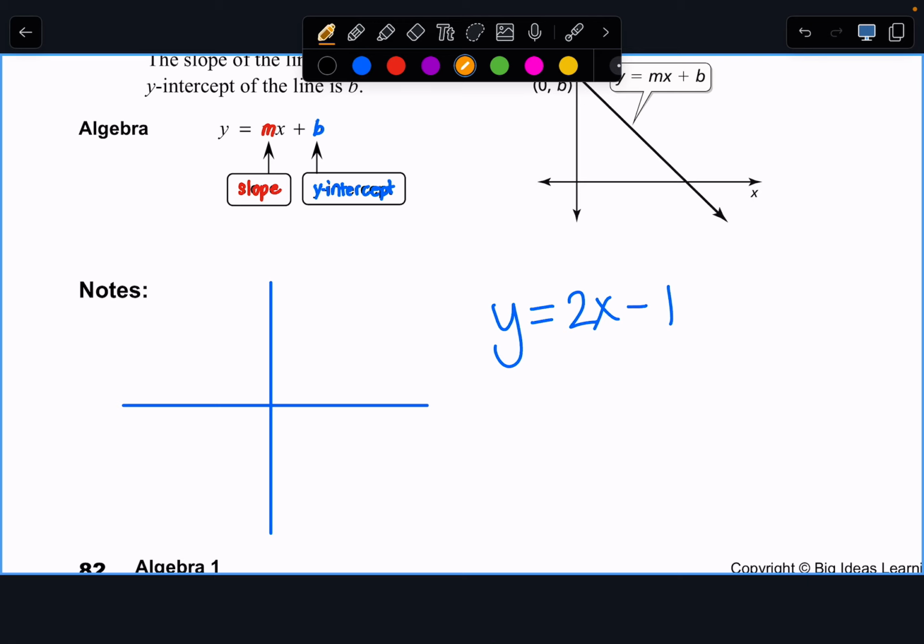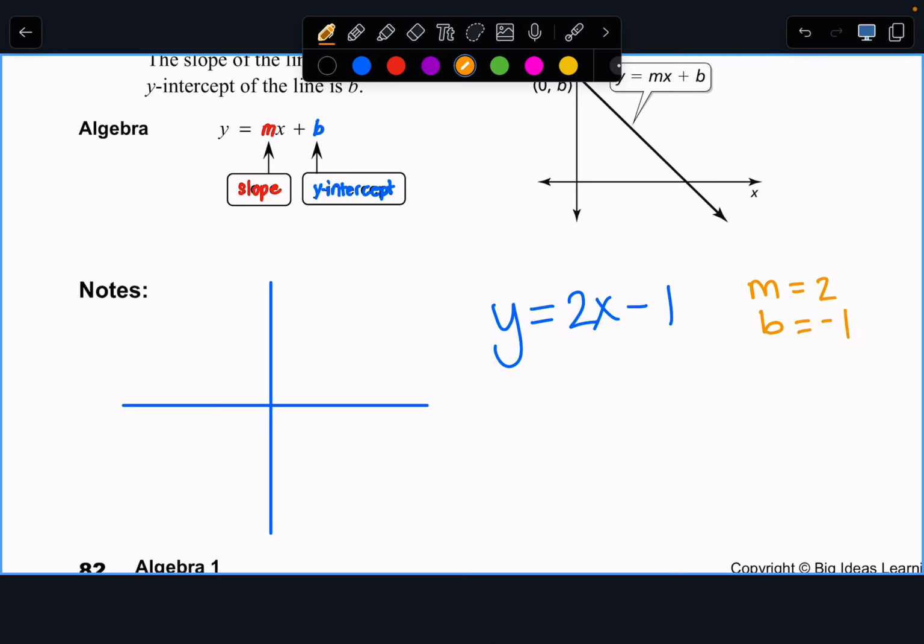What number represents the slope? 2. Okay. So m is 2. What number represents the y-intercept? B is negative 1.